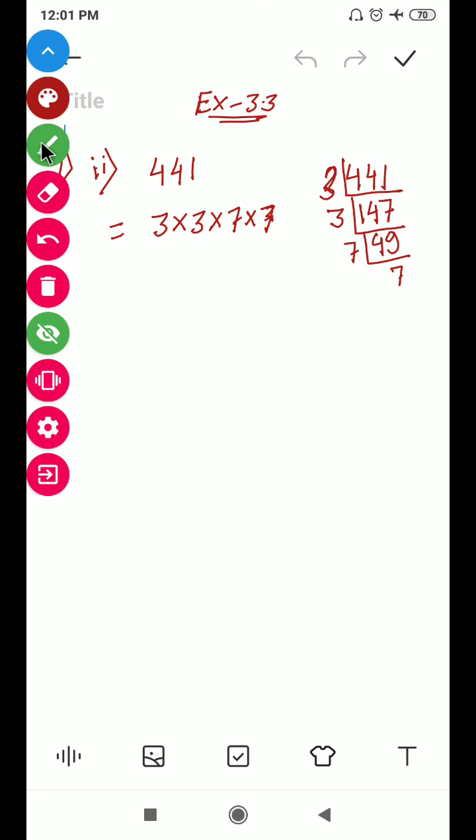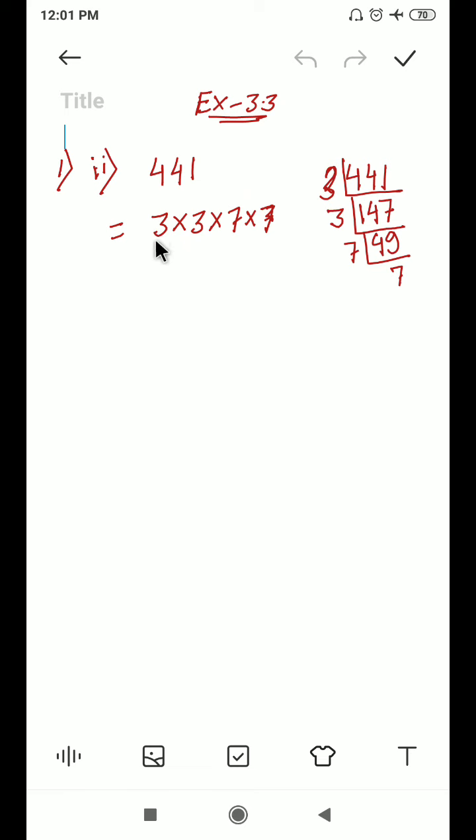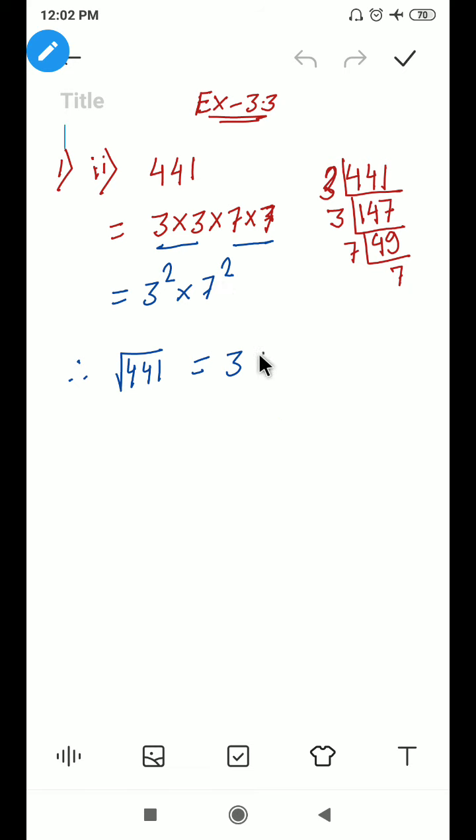So you get two pairs, one is 3, another one is 7. You can write this as 3 square into 7 square. Now take the square root. From this 3 squared, one 3 comes out, and from this 7 squared, one 7 comes out.